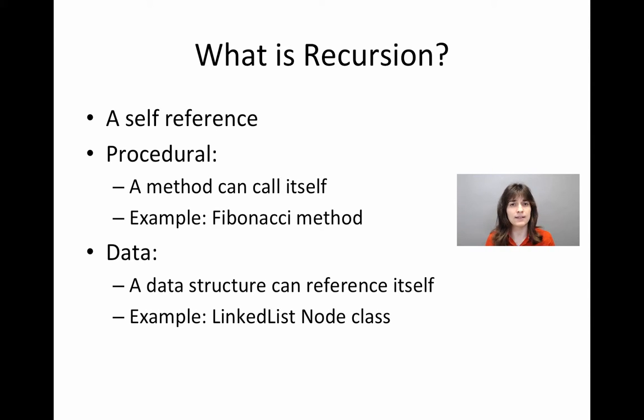One is the actual data that the node needs to have, and the other one is a link. A link to what? A link to a node. So in other words, we are defining a class, a node class, a data structure, which has as a member a node itself. This is an example of a self-reference, of a definition that is using itself.